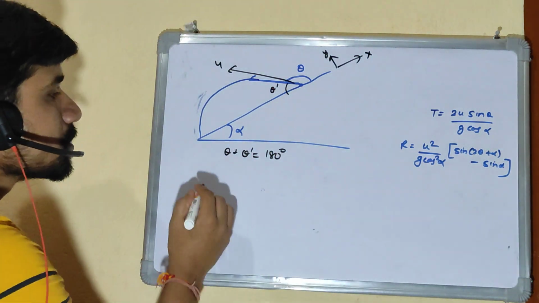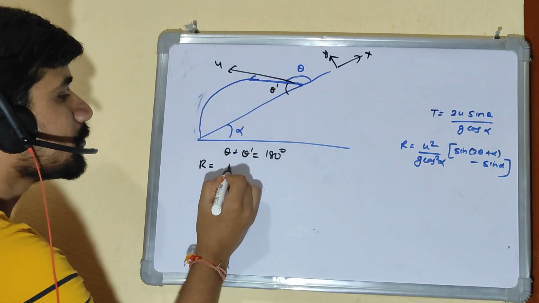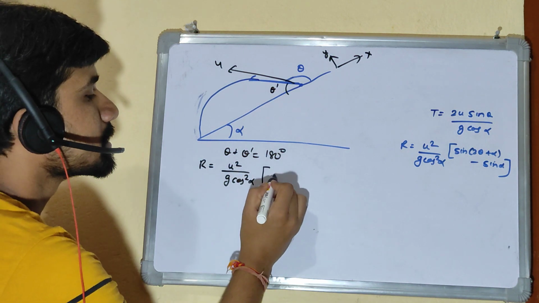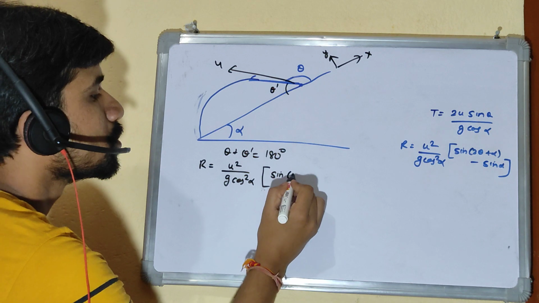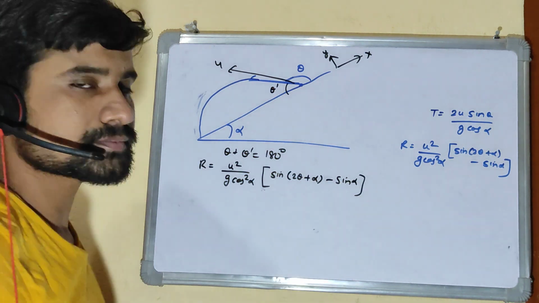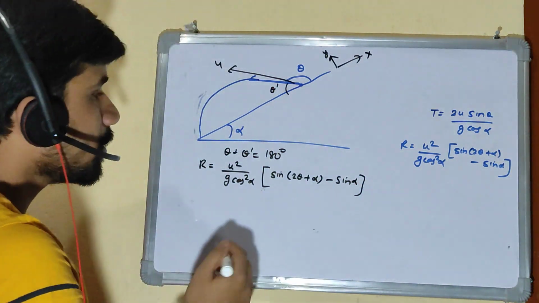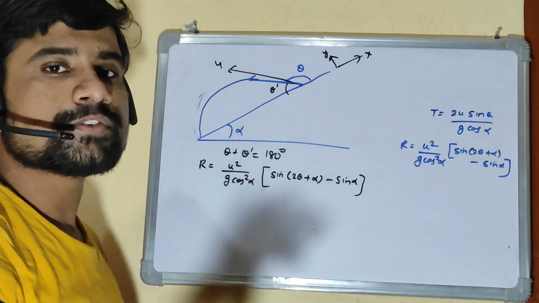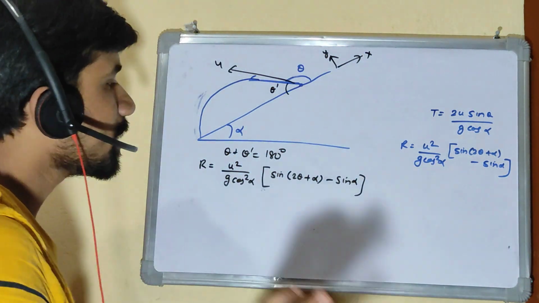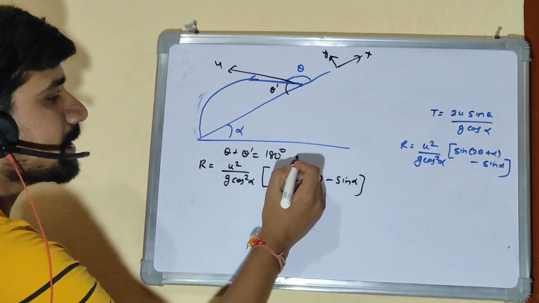Very simple. So the range formula will be again the same, which is u square by g, cos square alpha, sine of 2 theta plus alpha minus sine alpha. Clear? This is the range. Now if I want to convert everything to acute angle concepts from 0 to 90 degree, I will replace theta by theta dash.